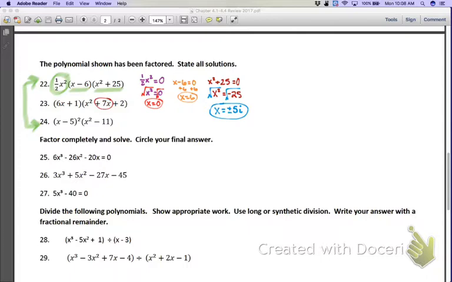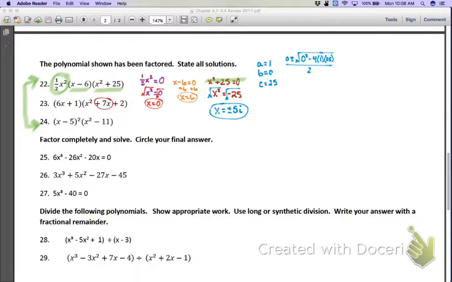Now, on the x squared plus 25, we could have done the quadratic formula and said a is 1, b is 0, c is positive 25. We could have plugged everything in: the opposite of b, which is just 0, plus or minus the square root of 0 squared minus 4 times 1 times 25, all over 2a, which was just 2.